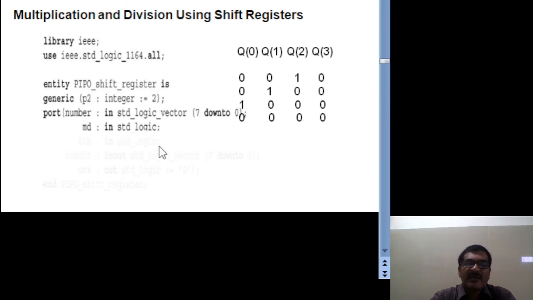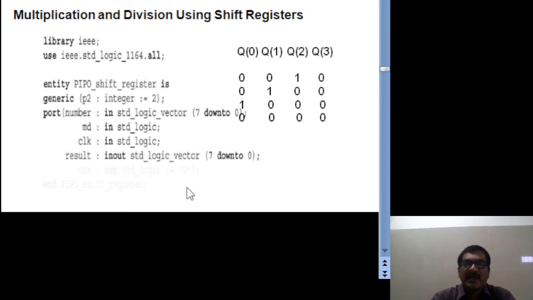So if the MD value holds logic 1, the operation is multiplication, otherwise the division operation. That is, if the MD consists 0, we have the division operation. Okay, for that purpose this MD input is used. Then the clock signal. In order to get synchronized operation, the clock input is also used. Okay, so clock in standard logic.